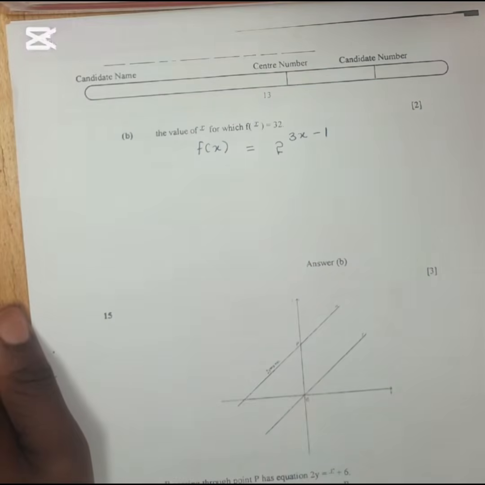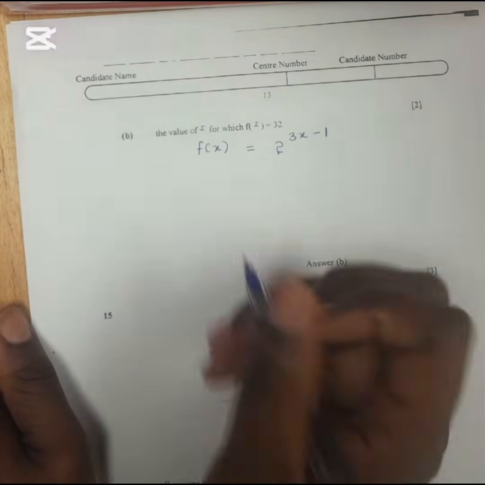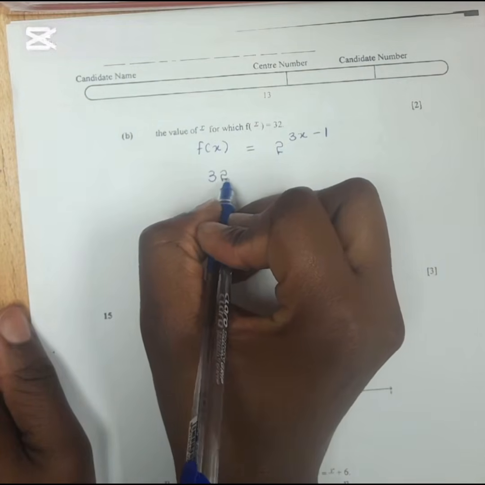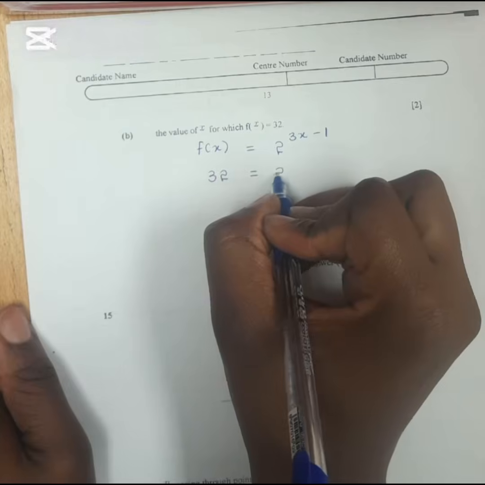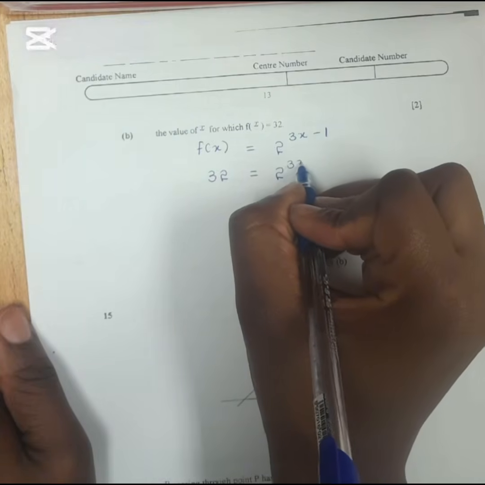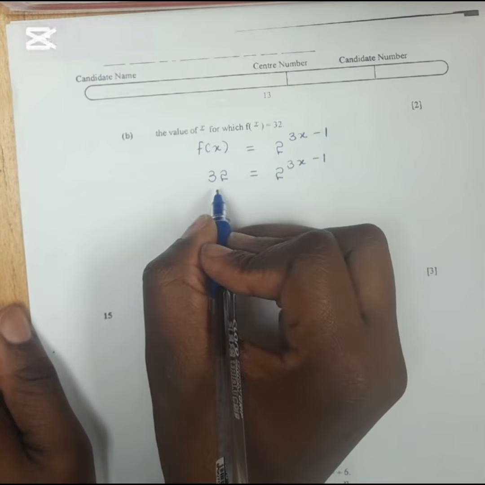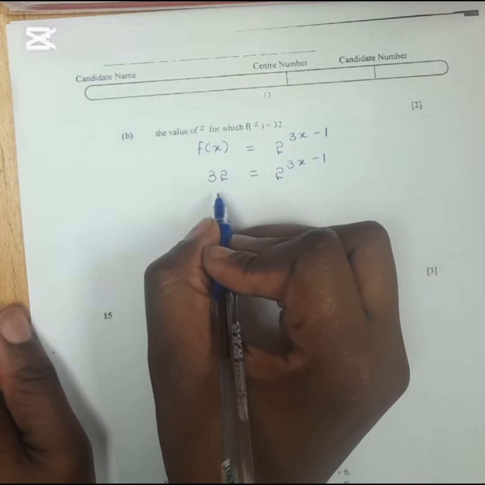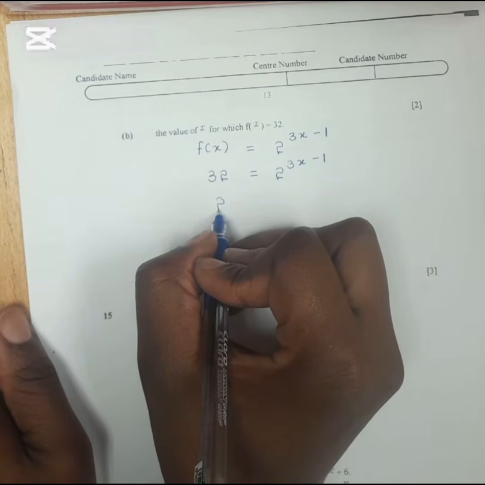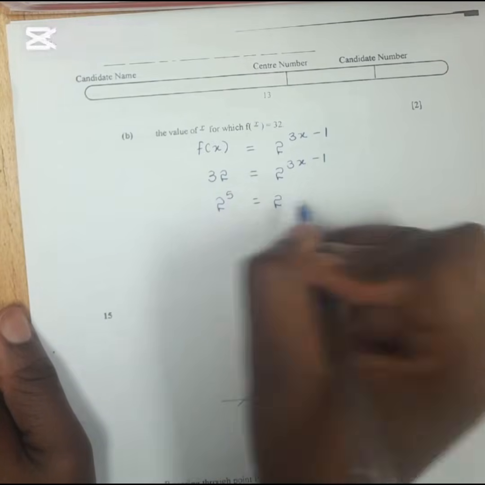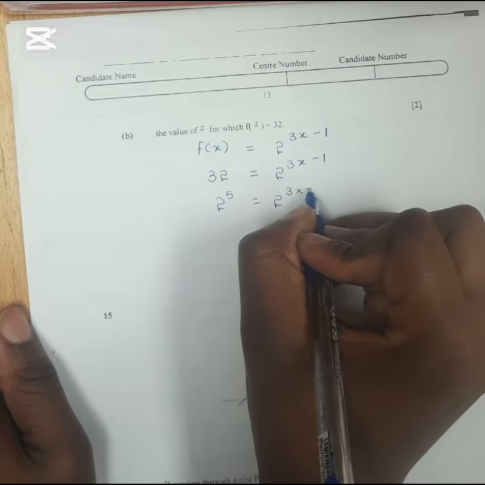Then on part B, find the value of x for which function of x is equal to 32. So here we need to substitute 32 on function of x, and we say it is equal to 2 to the power of 3x minus 1. And then we need our bases to be the same. We are going to rewrite 32 as 2 to the power of 5, and we say it is equal to 2 to the power of 3x minus 1.